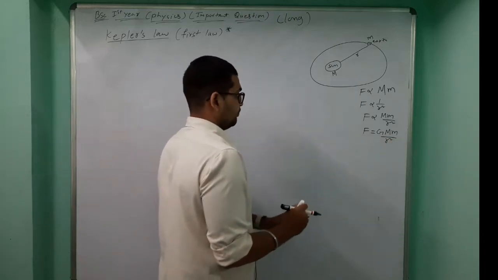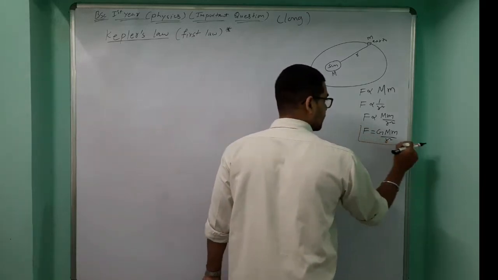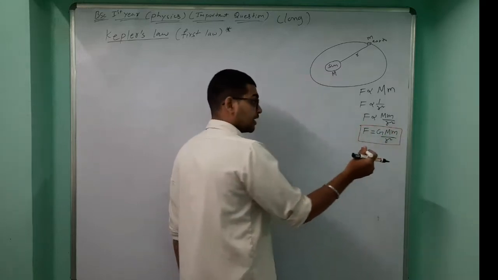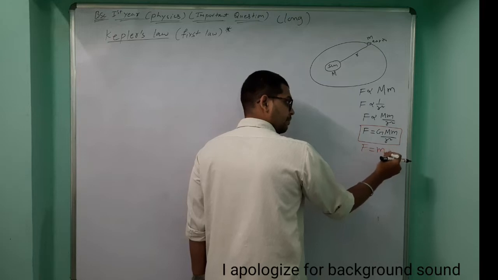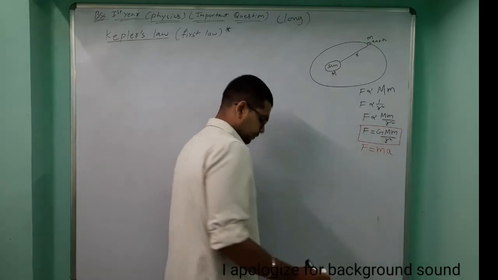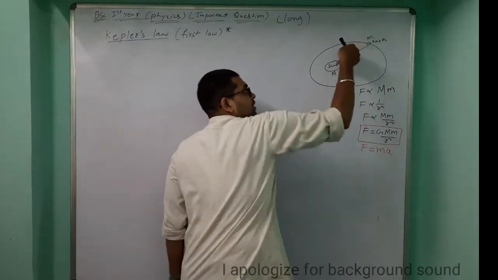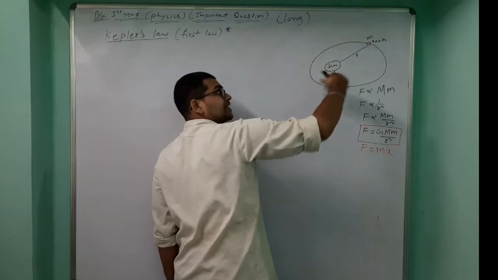Force formula. Now, what is Newton's second law? If I compare this, F is equal to ma. Now the force is towards the Sun, that's why the Earth is making a rotation around the Sun.